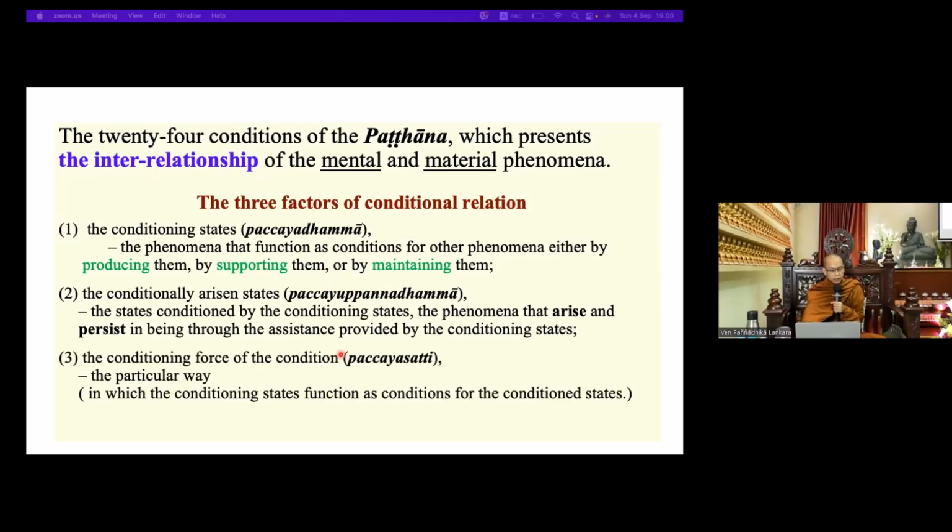Then the Paccaya Sati. This is the particular way we can find any of the 24 forces in the specific connection of the 2 groups, the Paccaya Dhamma and Paccayuppanna Dhamma.